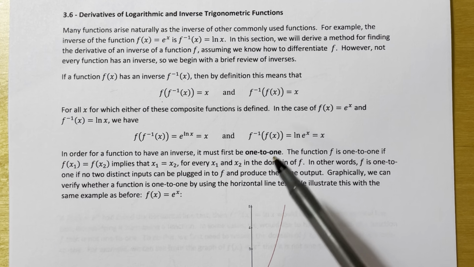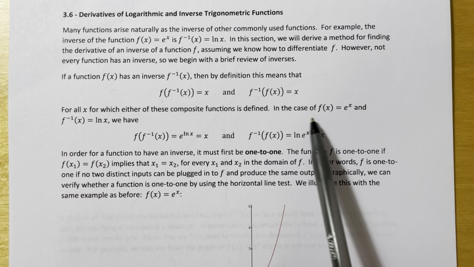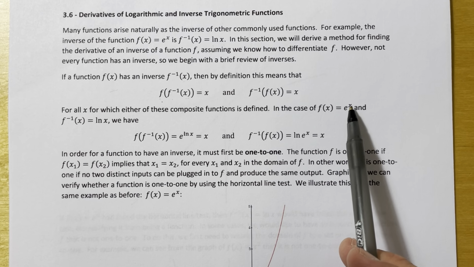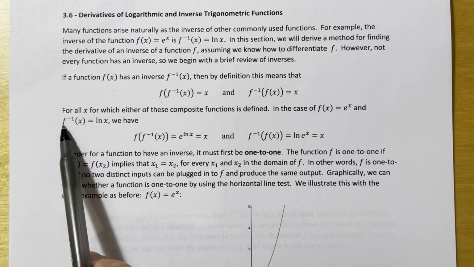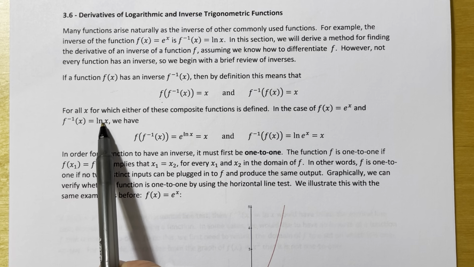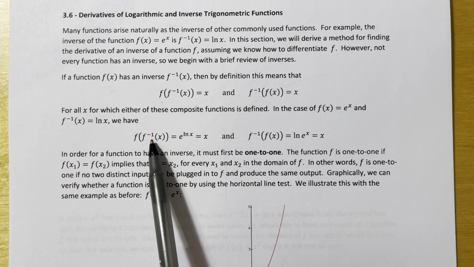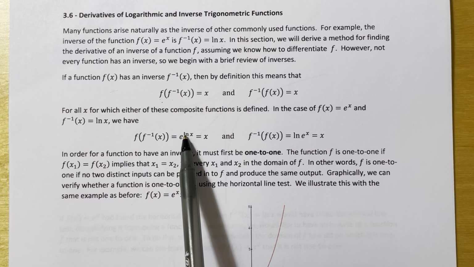Okay, so one of the first inverse functions you look at is the natural logarithm, or really just any logarithm, because the natural logarithm is the inverse of the exponential function e to the x. If we define f of x to be e to the x, then its inverse, f inverse of x, would be natural log of x, because this property is satisfied. So f of f inverse of x in this case would look like this: e to the power of the natural log of x.